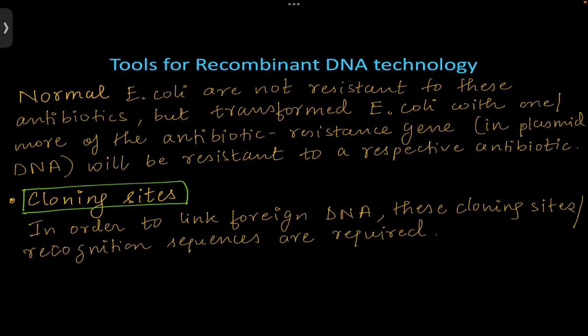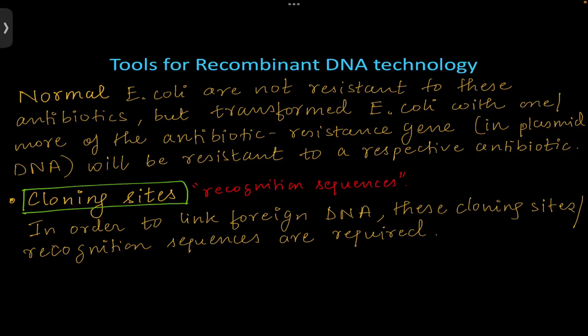Okay. Now, what are cloning sites? Cloning sites, as I told you, are basically recognition sequences which are unique to a particular type of restriction enzyme.